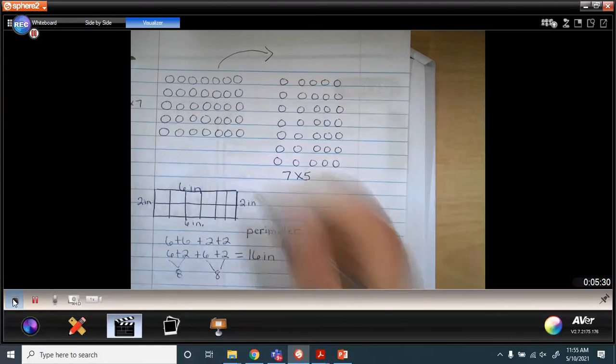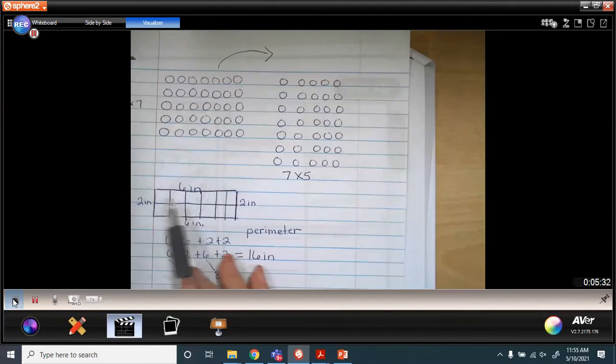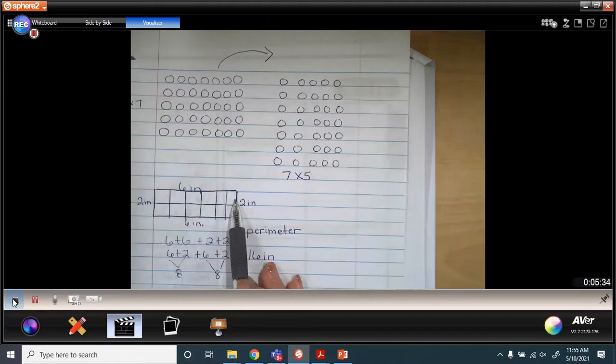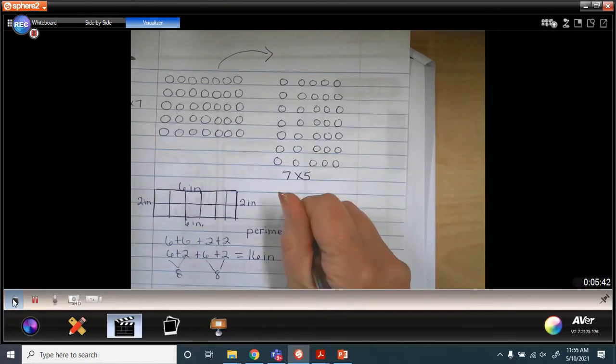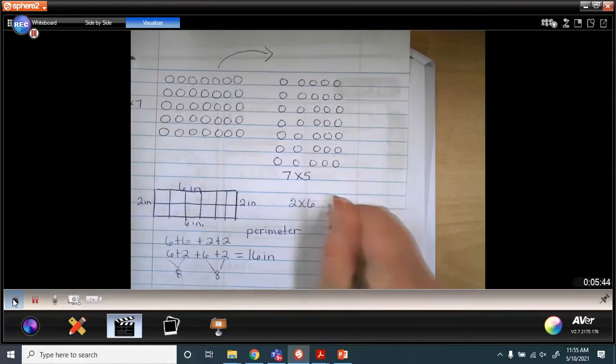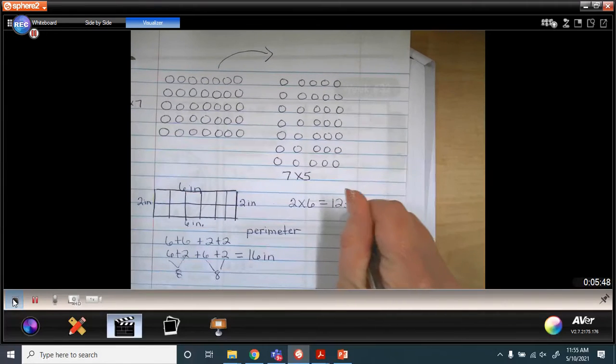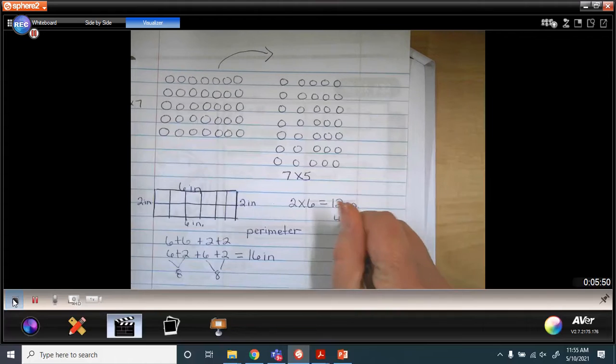I have 1, 2, 3, 4, 5, 6. 1, 2, 3, 4, 5, 6. And 2 rows of 6 is going to be 12 square units.